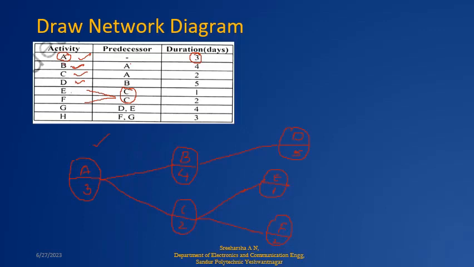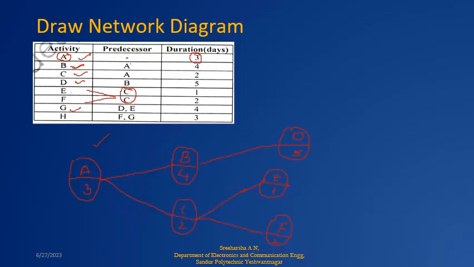Here 2 times I am seeing C in the previous activity. So I am taking 2 lines, that is after completion of C, 2 activities are starting, that is E and F.